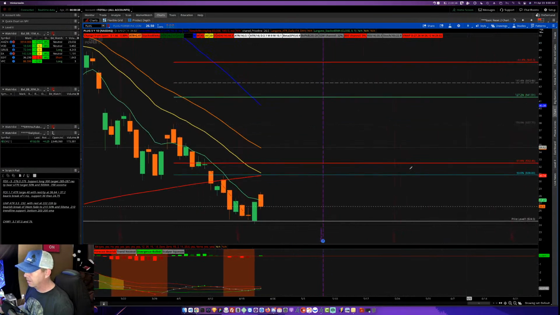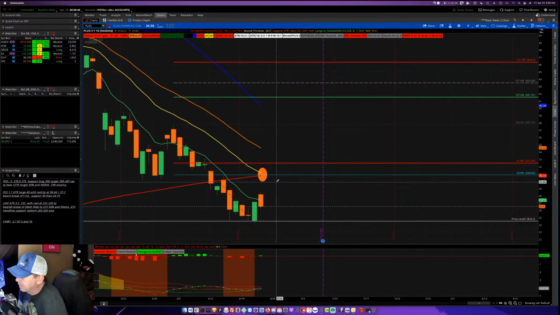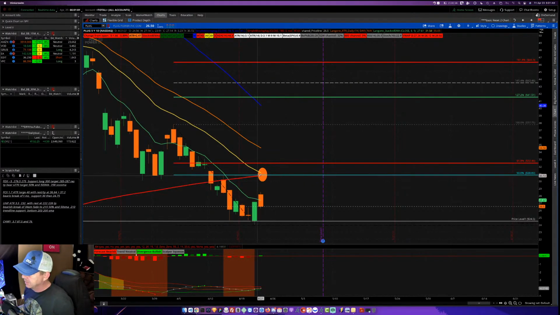All right, so this area here of confluence between the 200 SMA, the 21 EMA, the 50% retracement on the Fibonacci, we are actually positive on our MACD. We have bullish divergence. We've got curling up. We may possibly try to move up to test that level.